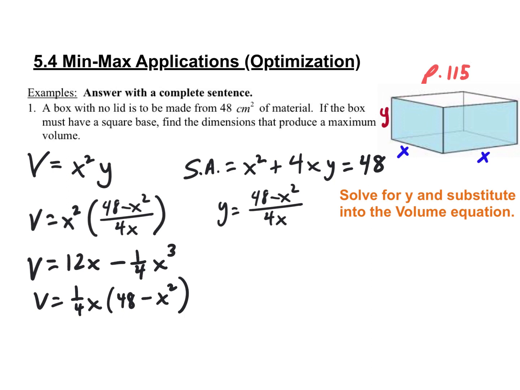Okay, if I take a 1/4 x out, now finding the domain got a lot easier. Of course, we have to be bigger than 0. We can't be equal to 0. We certainly can't be less than 0. What is the highest value that x can be and still keep the volume positive? Because there's going to be a point where this thing can turn negative.